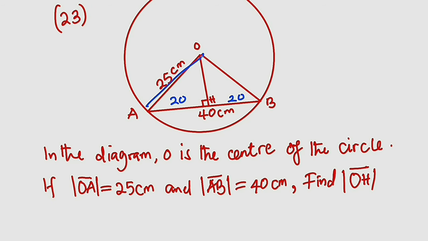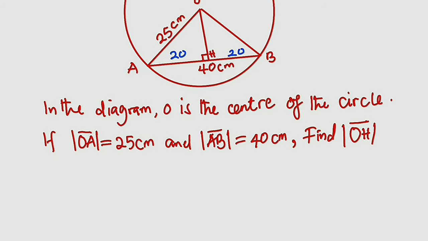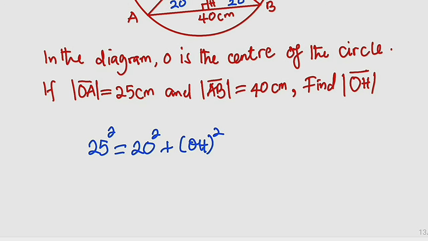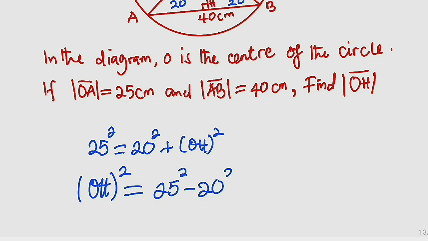So according to Pythagoras theorem, hypotenuse squared, which is 25 squared, is equal to the adjacent squared, which is 20 squared, plus the opposite squared, which is not given. Okay, let me just call it OH, as mentioned in the question. So if we make this the subject, it will be OH squared equals 25 squared minus 20 squared.